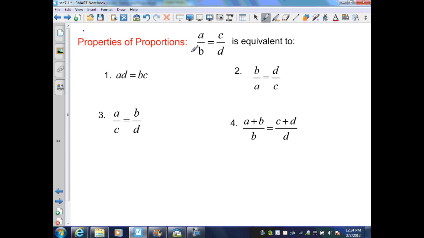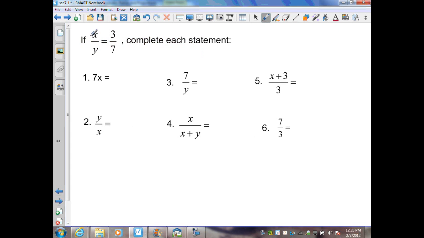Therefore, for properties of proportions, look at the beginning set of information and follow the pattern from my original proportion. Here, if I'm given x to y equals 3 to 7, I want to complete each statement. Here I want to use the properties of proportions. In other words, follow the pattern. Here I have 7 times x.